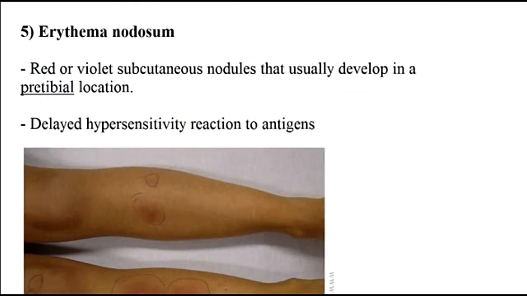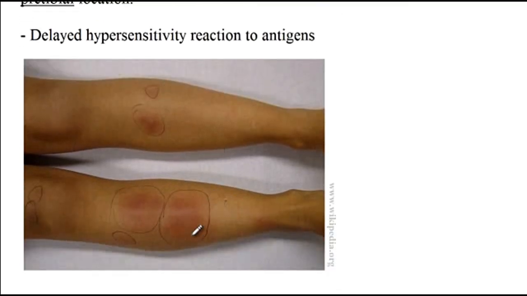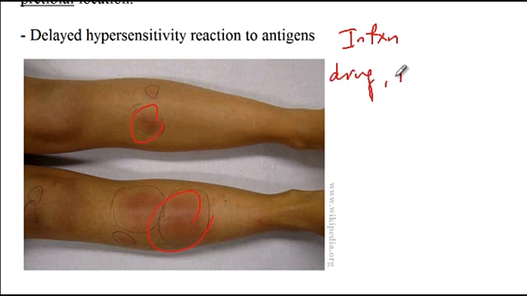The next condition is Erythema Nodosum, which presents with red-violet subcutaneous nodules that develop in the pretibial location. Here is an example, where you can see red-violet lesions in the pretibial location. This is a delayed hypersensitivity reaction to antigens, examples of which include infectious agents, drugs, or other diseases like tuberculosis or sarcoidosis, which can cause the development of erythema nodosum.